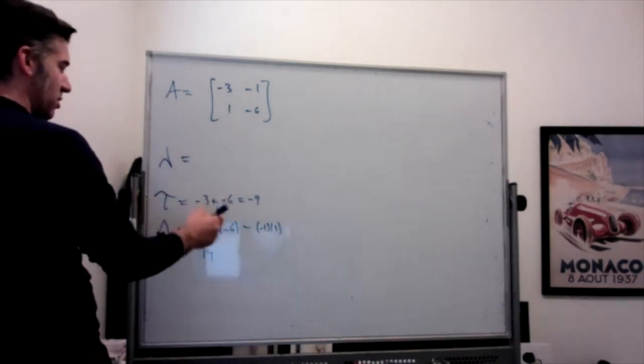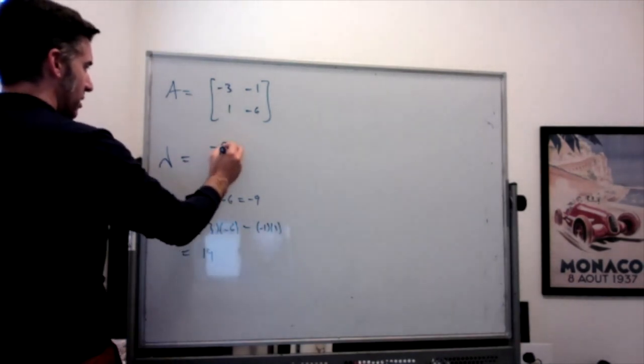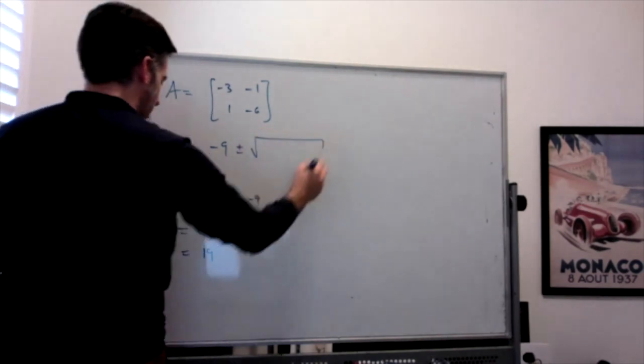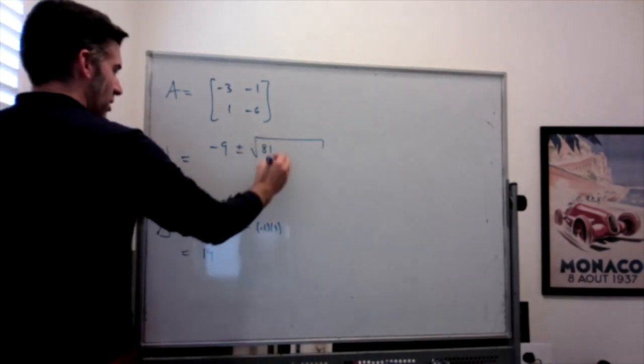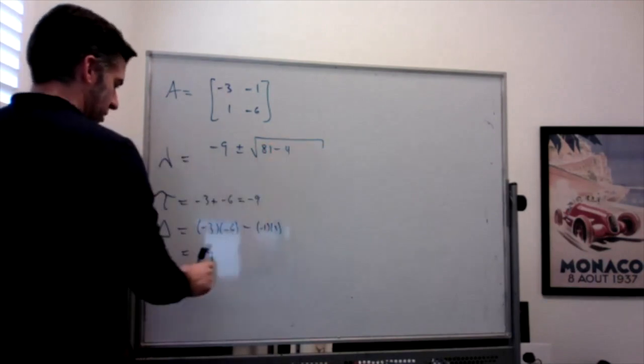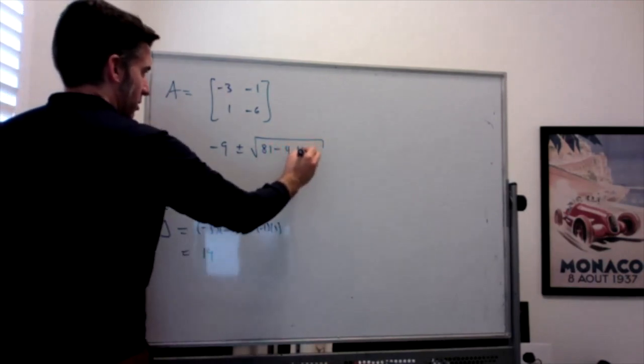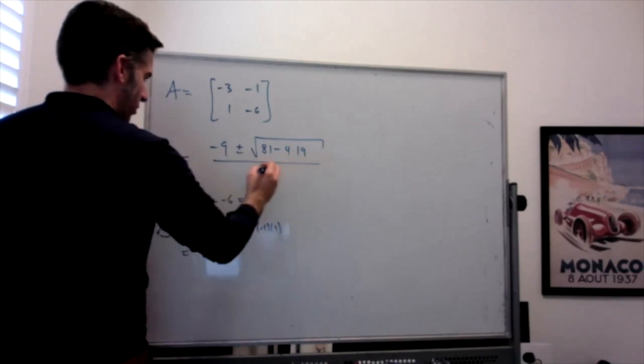So then my lambdas are the trace plus or minus the square root of the trace squared, -9 squared is 81, minus 4 times the determinant, all over 2.